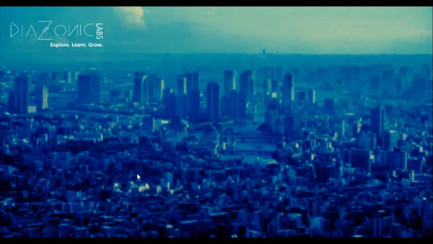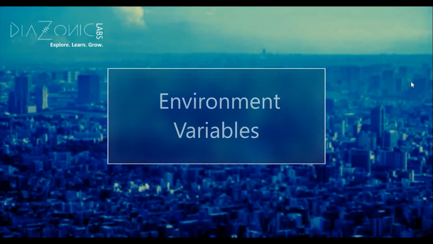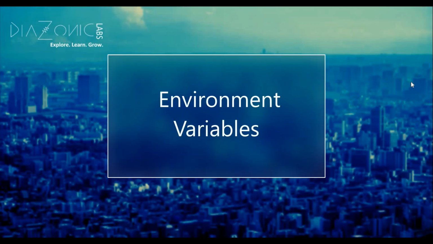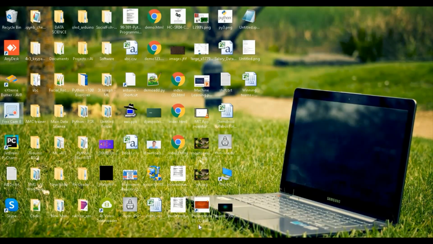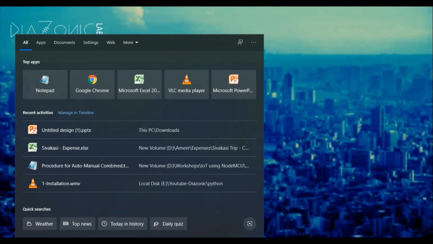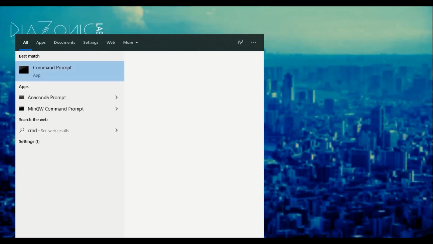Continuing with the Python tutorial series. In this particular video, we'll be learning something related to environment variables. If you remember, in the last video, I had shown you that you can access your Python software through your command prompt.